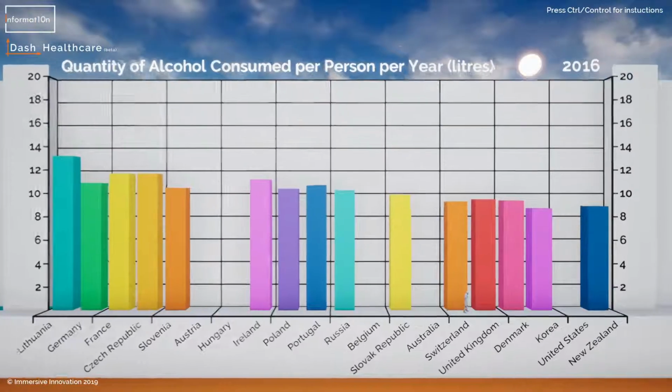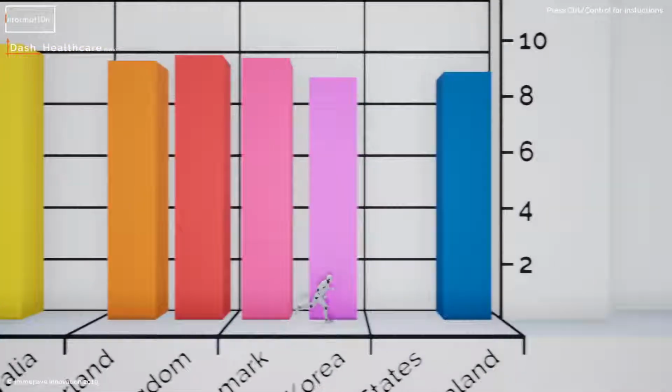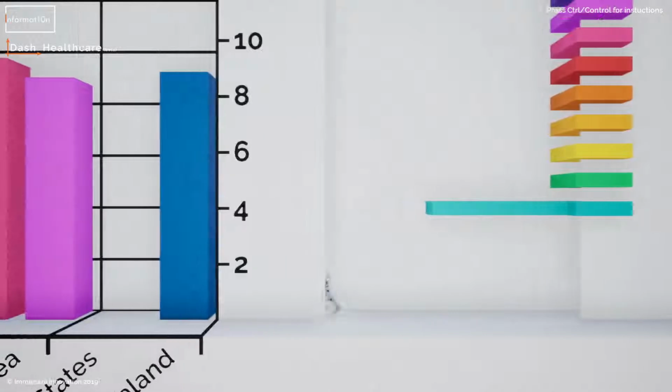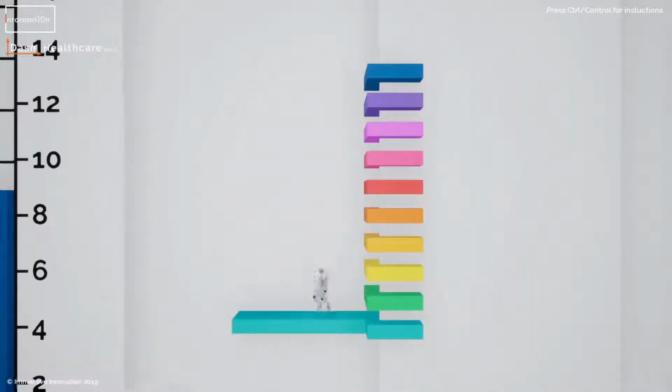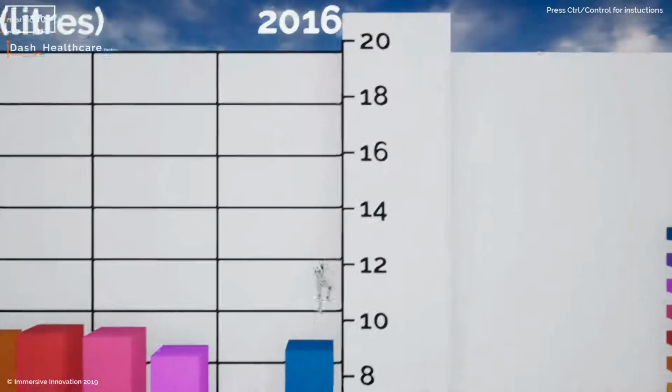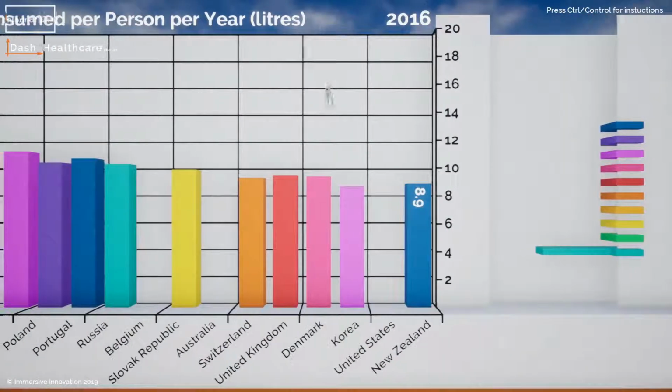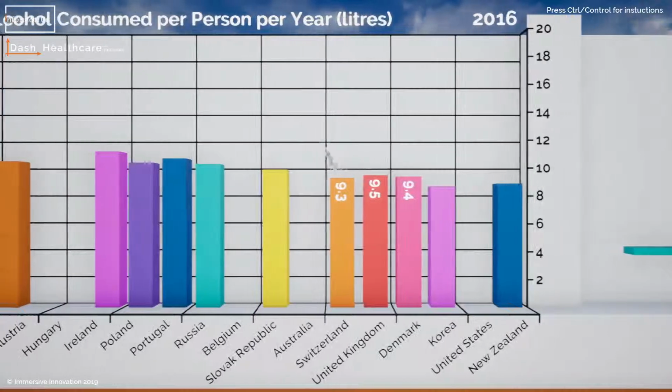I'm just going to press Shift, and that's going to zoom me in on my character. Going to head over here. And with a bar chart, I can also change lanes. I could jump up on here, or just jump straight across. And I can now interact with the chart itself. And as I touch each of the bars, it shows the value.